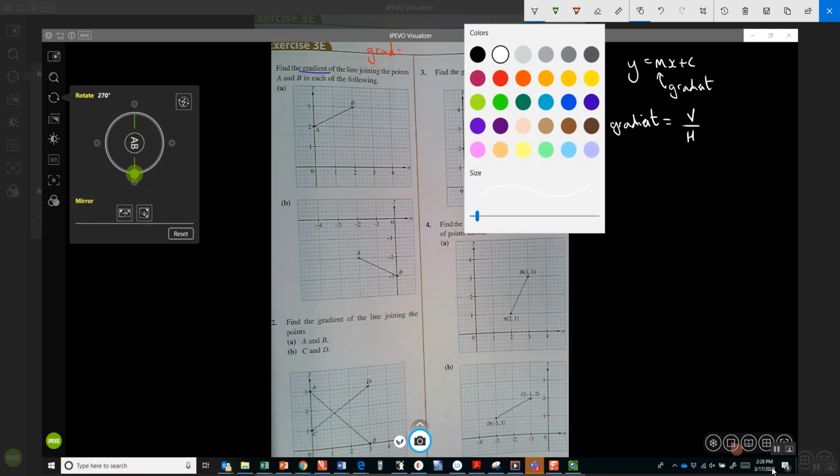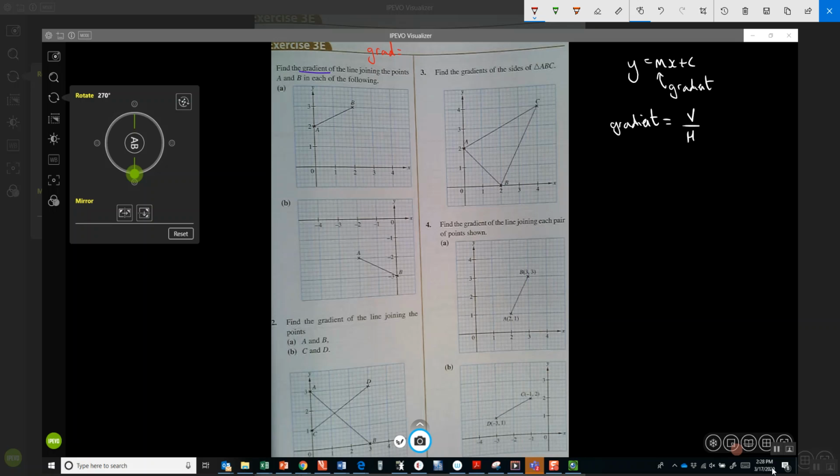So in each of these questions, you have to find out what the vertical is. So you have to make it into the triangle, yeah? Write down what your vertical is, write down what your horizontal is, and then divide them, okay? So we're going to do this question, this question and this question, so these 3 questions at the minute.